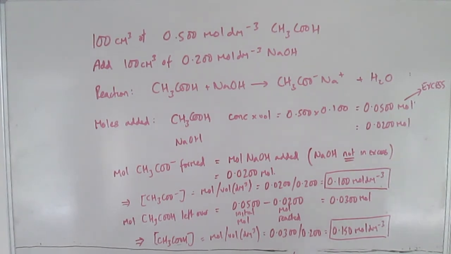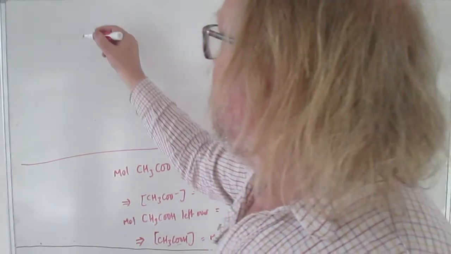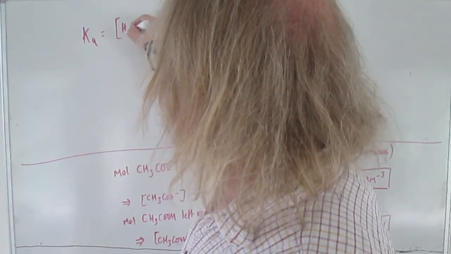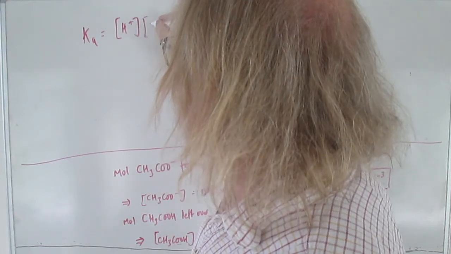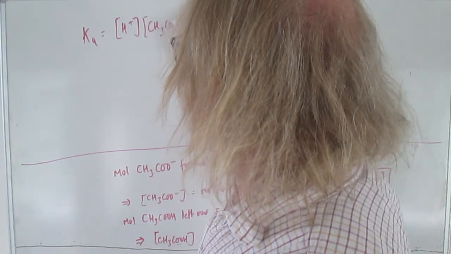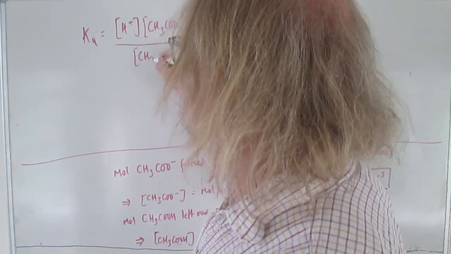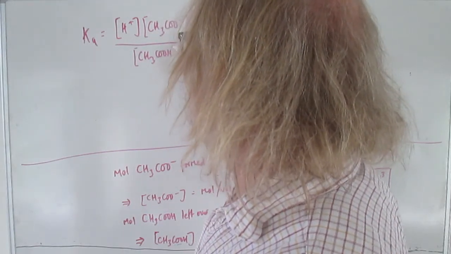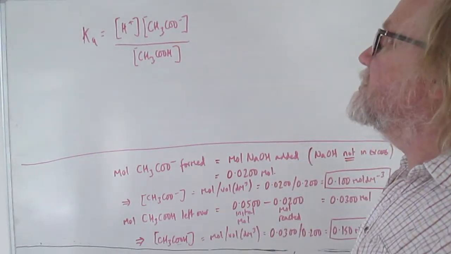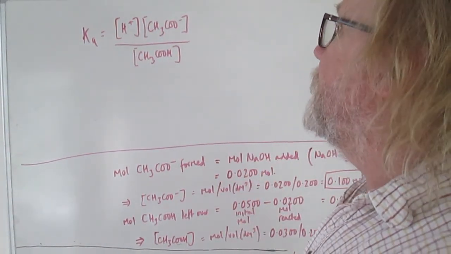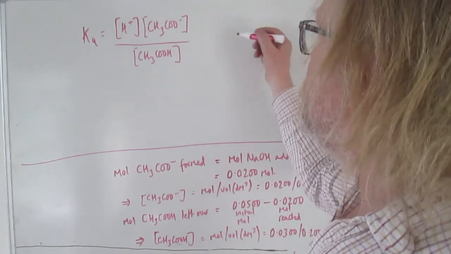So moving back up here then, we start with our definition of Ka, which is H plus times ethanoate divided by ethanoic acid, and we just rearrange it to solve for H plus, because that's what we need to find the pH.